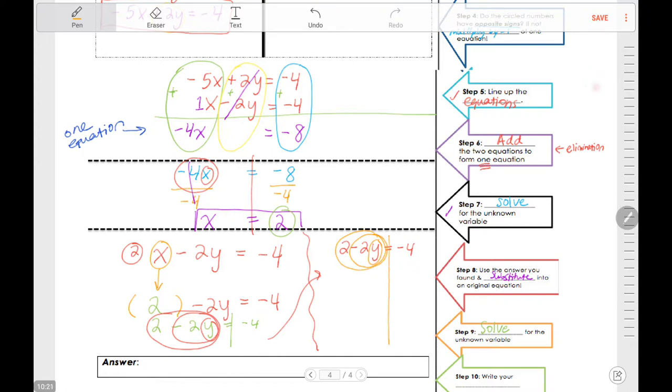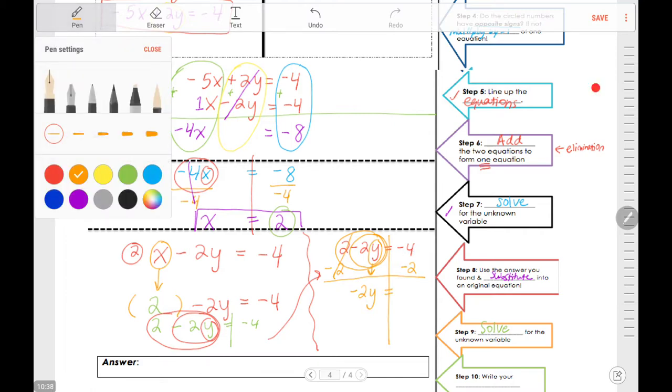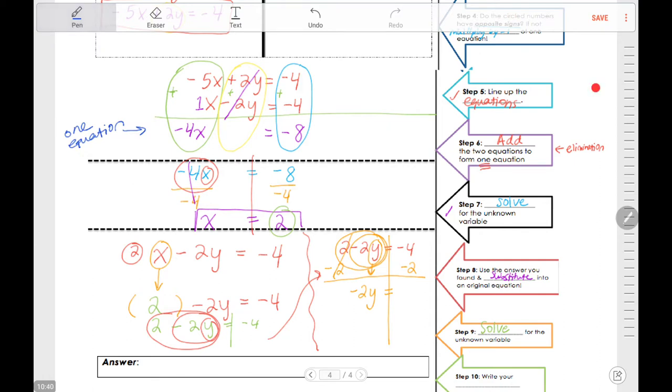So first, I need to eliminate my outer bubble. This positive 2 needs to be subtracted on both sides. I'm lining up with negative 4 because it's a like term. This cancels. Now I have negative 2y is equal to, what's negative 4 minus 2? That's negative 6, in case you guys can't see it.